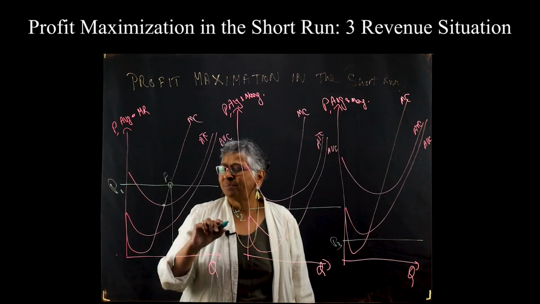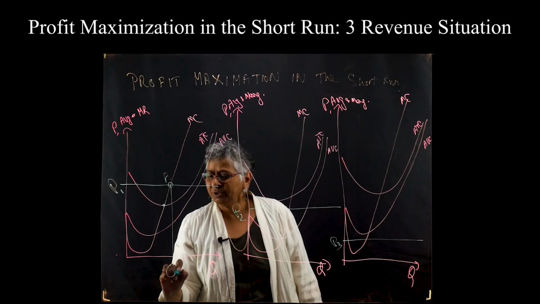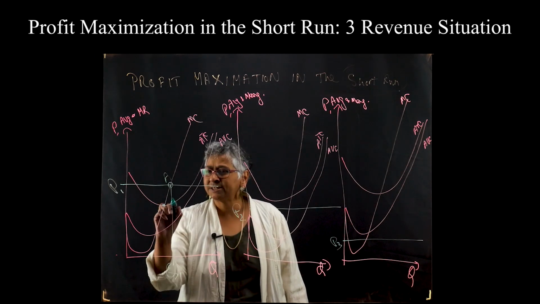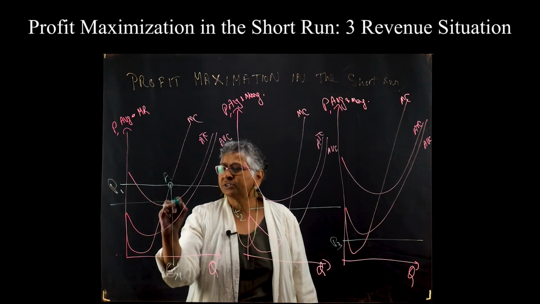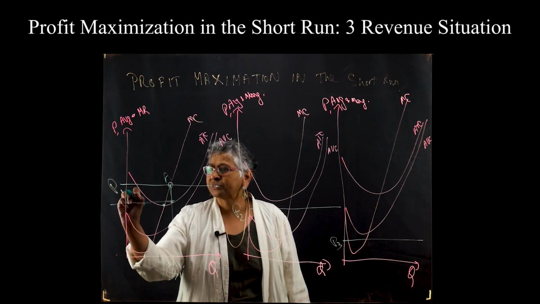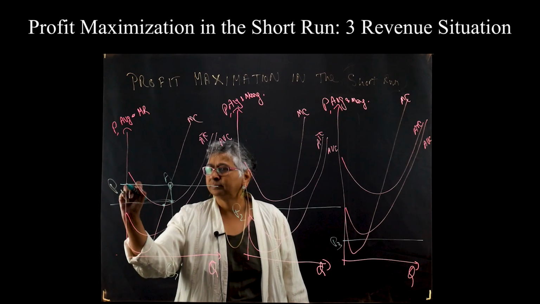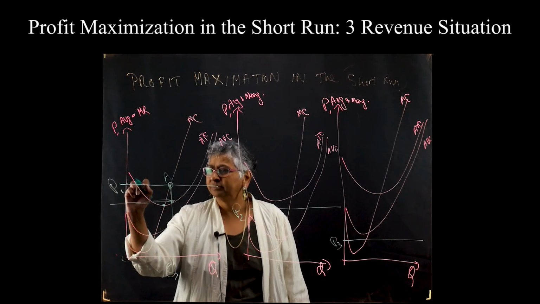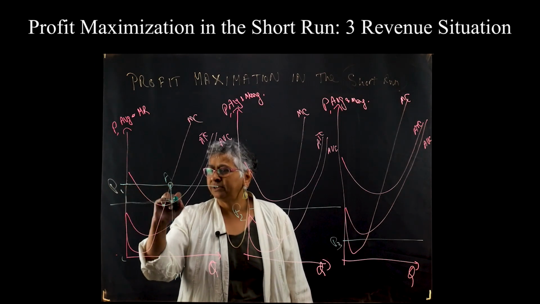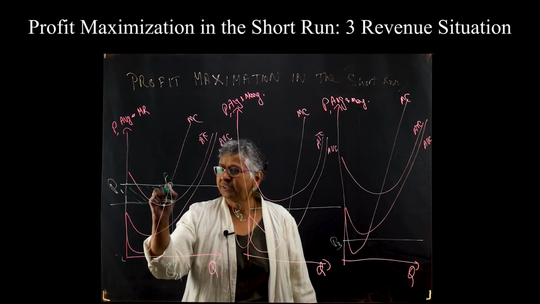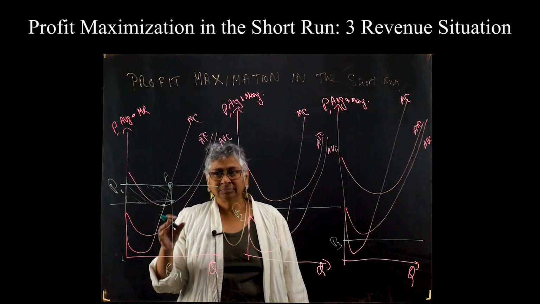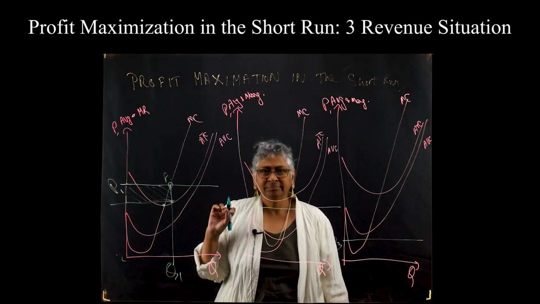This is your profit maximizing point. You're producing Q1, let's say. There's your cost. And this little box is your revenue, and this is your cost. So this little box is your profit. So you will produce at A.